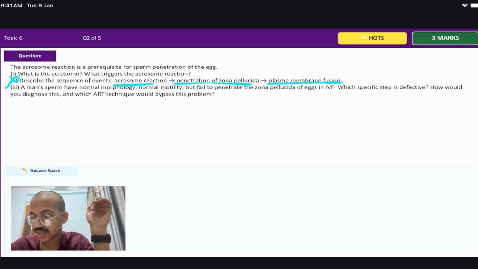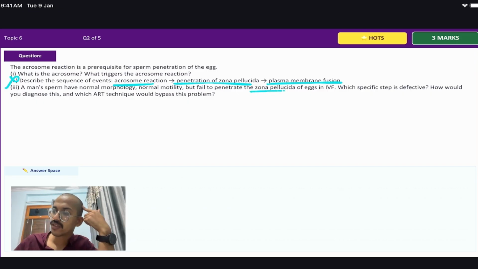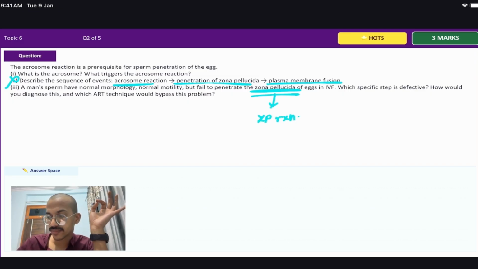You can leave it. Next question: a person's sperm has normal morphology, normal motility, but fails to penetrate the zona pellucida of the egg in the IVF. Which specific step is defective? Zona pellucida penetration is an important step, carried out by the zona pellucida reactions.